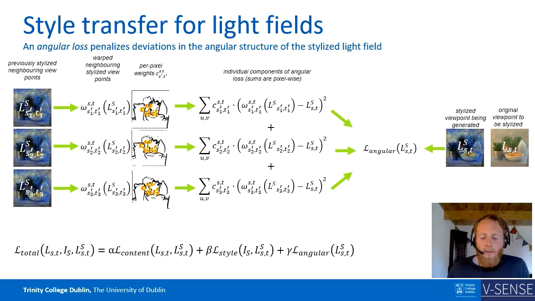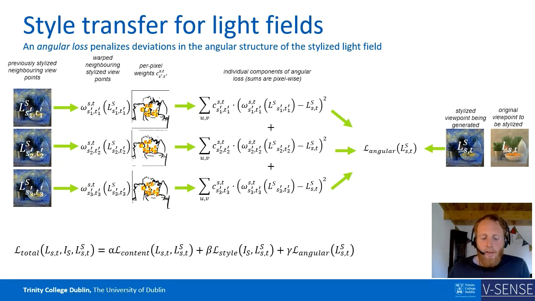We then take the pixel-wise squared summed error between this warped stylized view and the viewpoint being stylized. This pixel-wise sum is weighted by the per pixel weight C, which are defined to be 0 for disoccluded regions between the corresponding original unstylized views and 1 elsewhere. Thus, the weights C ensure that disoccluded regions between neighboring views are excluded from the penalizer.